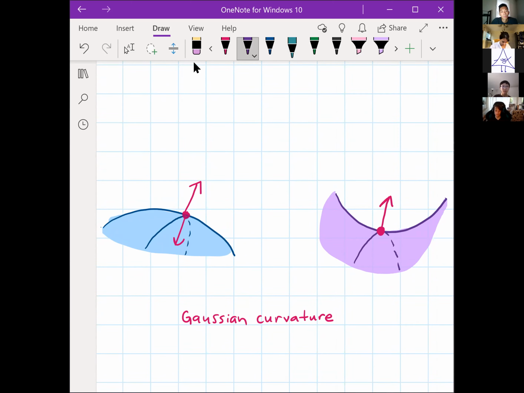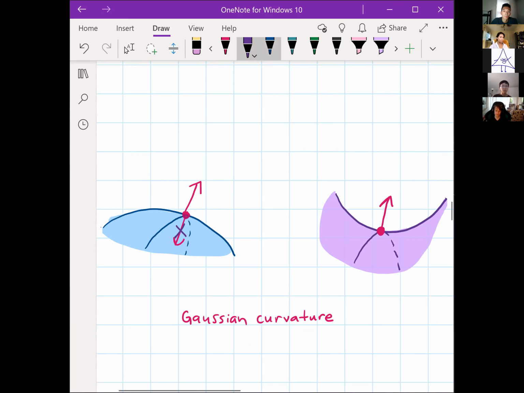Let's pretend we've chosen this to be our normal direction. This curve going through that point is facing away from our normal direction, so we'll say that this one is negatively oriented. And if you're looking at this curve with this normal vector, then we'll say that this curvature is positive.